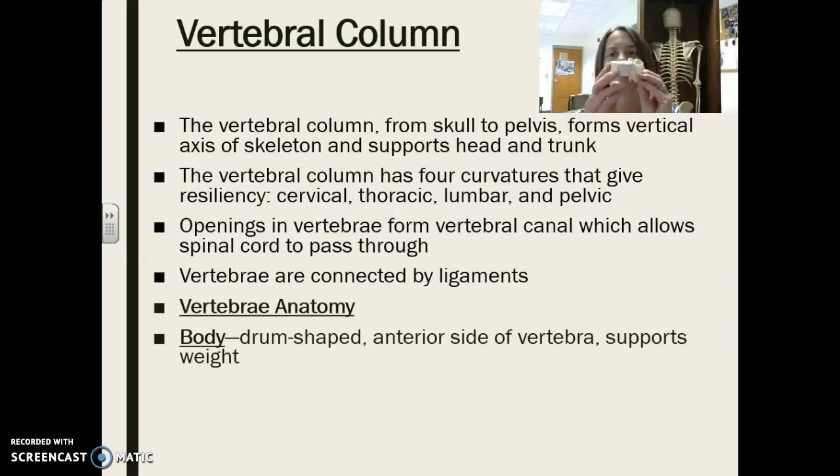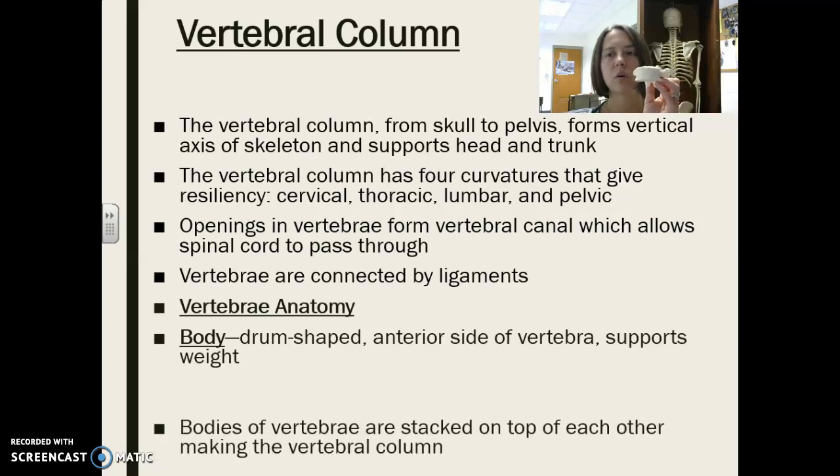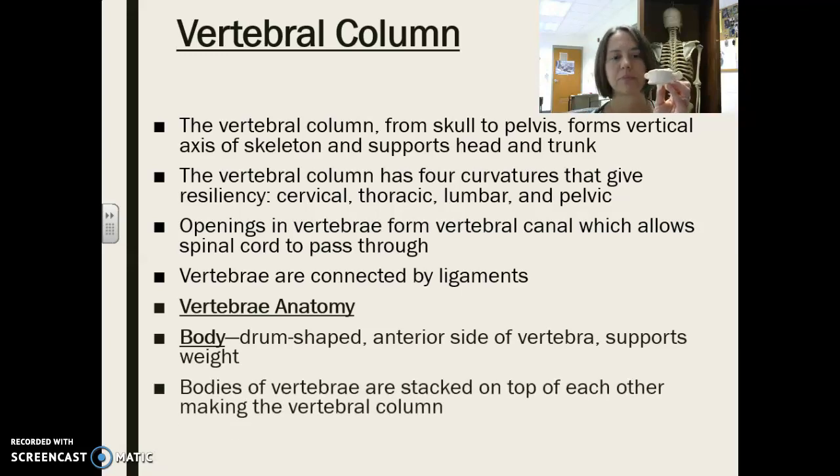It is on the anterior side of the vertebrae, so it's facing the front of you, and it is what supports the weight of your body. So the bodies of the vertebrae are stacked on top of each other, which we'll be able to see better if we turn the skeleton around later.